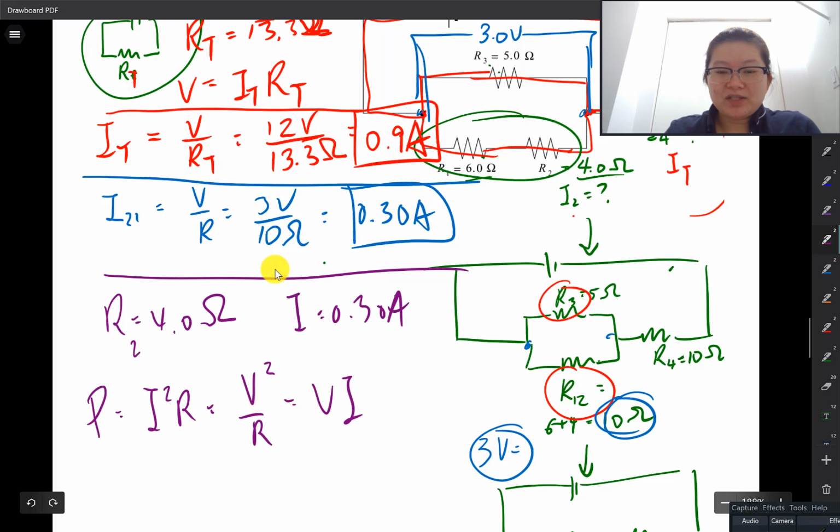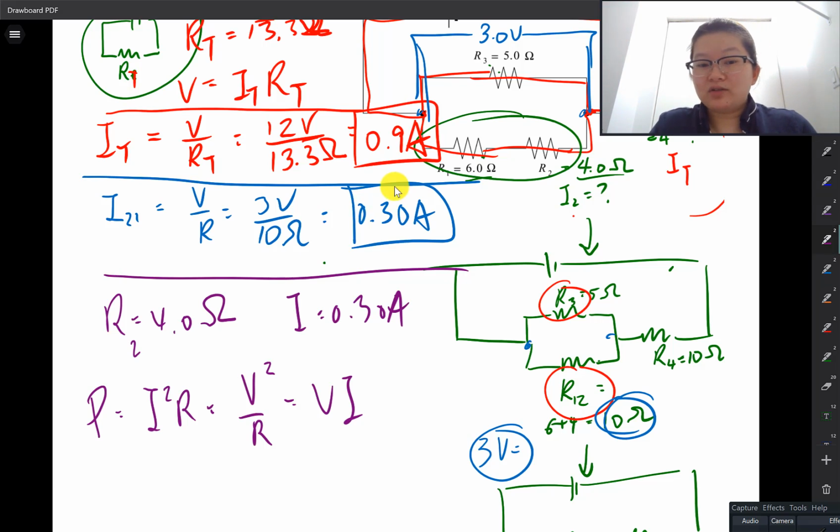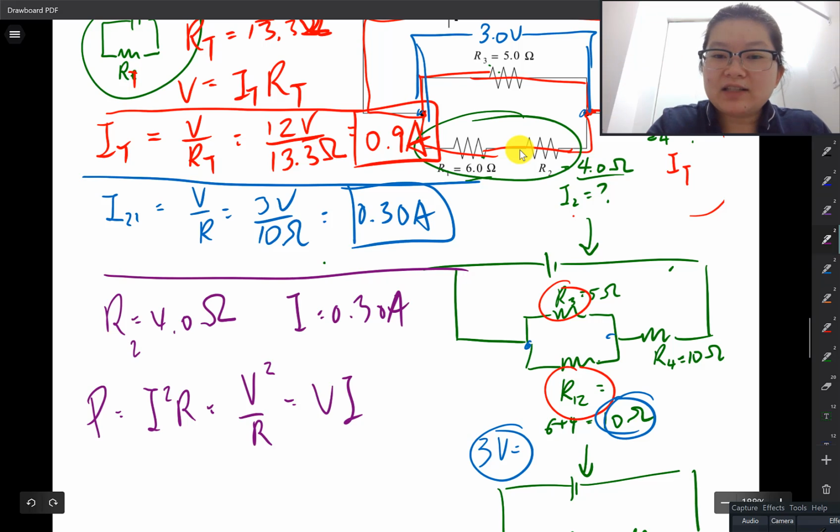We just have to be very careful because there are many V's in this question, many I's, and many R's. The R has to be specific to the resistor. For the I's and the V's, the I has to be specifically the current across this resistor, and the potential difference has to be specifically across that resistor.